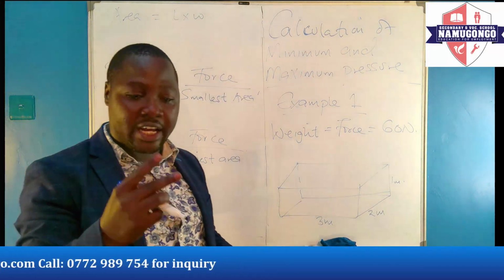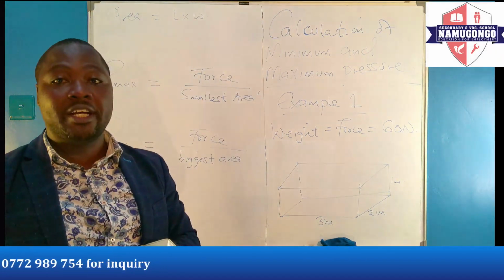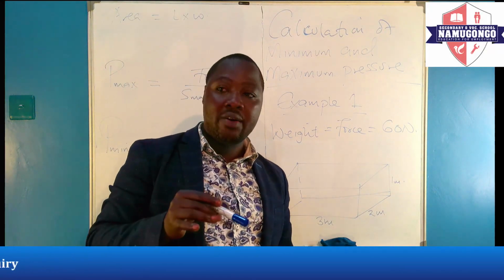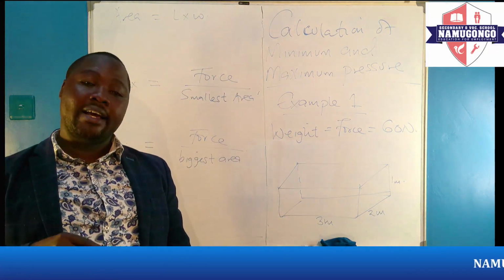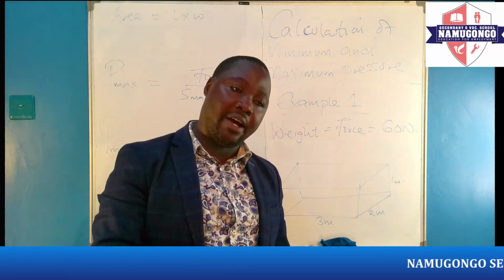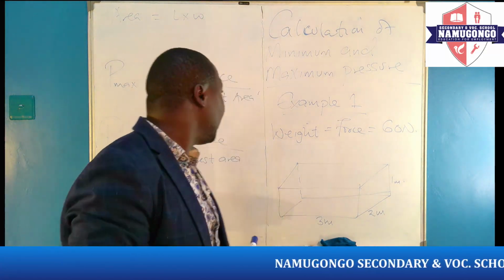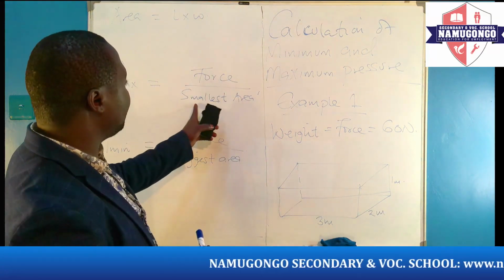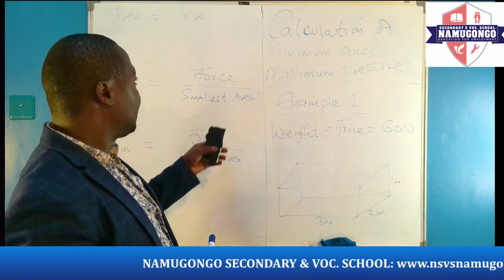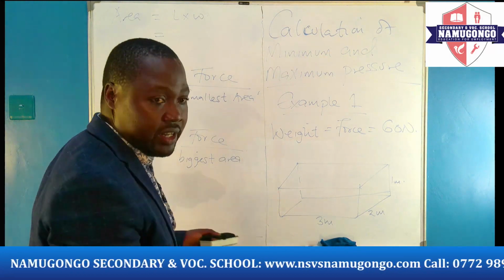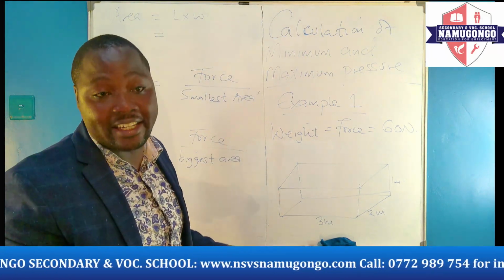So long as there are two sides of the box, we can obtain the area. But the area can either be the biggest area or a smaller area. So for us to get maximum pressure, we need to get the smallest area. And for the smallest area, we take two values that give us the smallest answer.